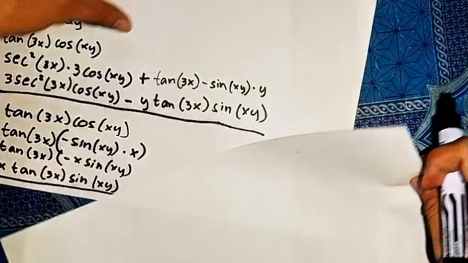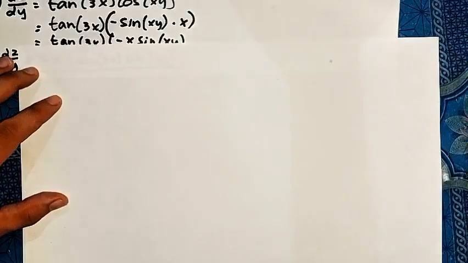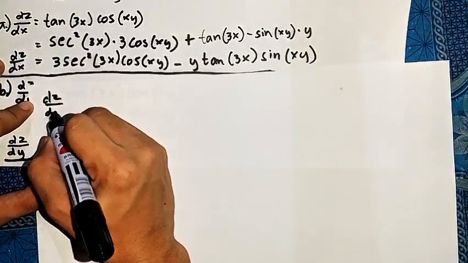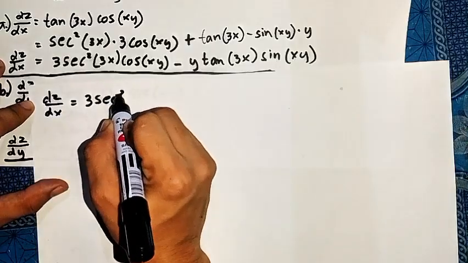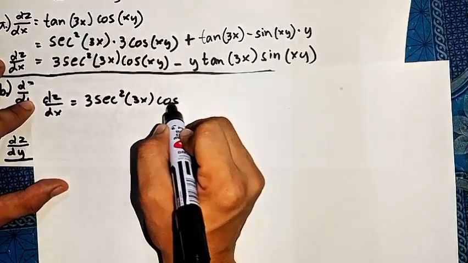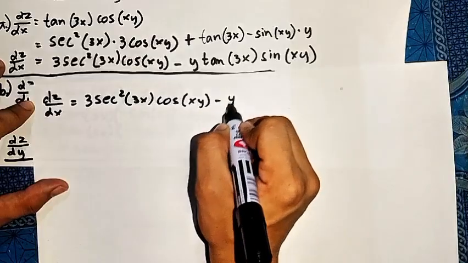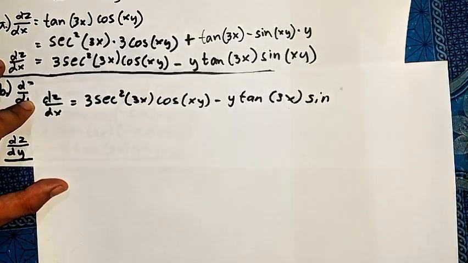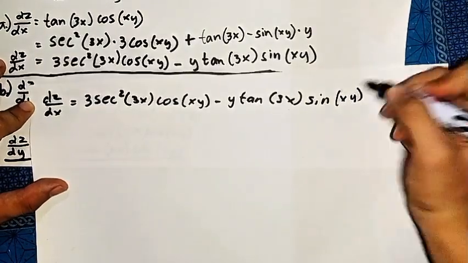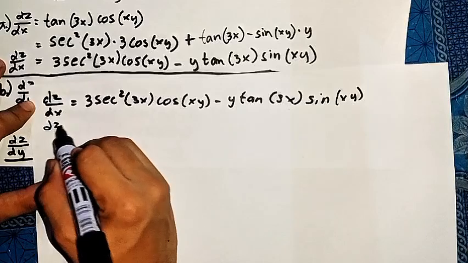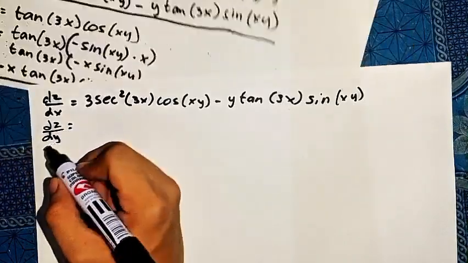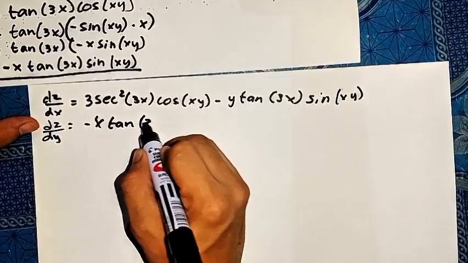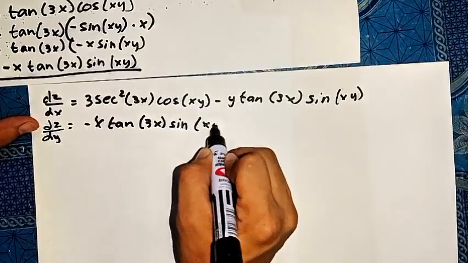So let's copy first the partial z. Partial z partial x is equal to 3 secant squared 3x cosine xy minus y tan 3x sine xy. And partial z with respect to y is negative x tan 3x sine xy.